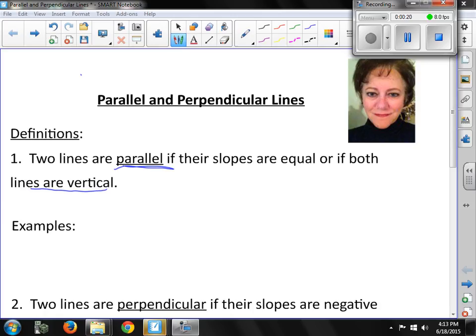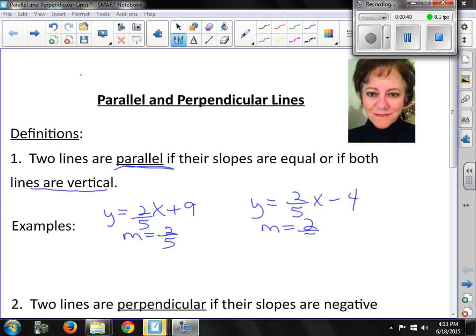For example, if I had y equals 2/5 x plus 9 and y equals 2/5 x minus 4, the slope in this line is 2/5. The slope for this line is 2/5. Since their slopes are equal, these two lines are said to be parallel.